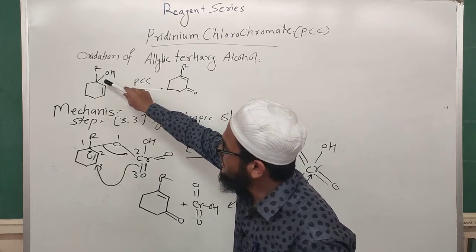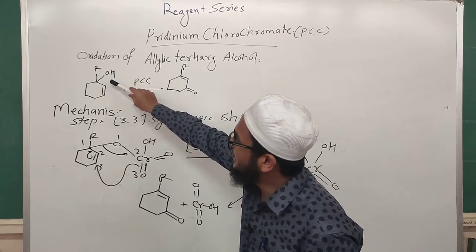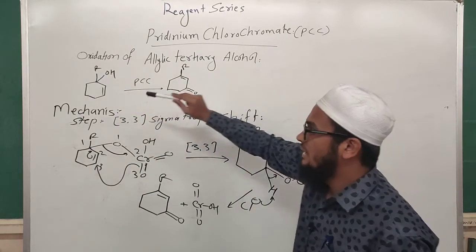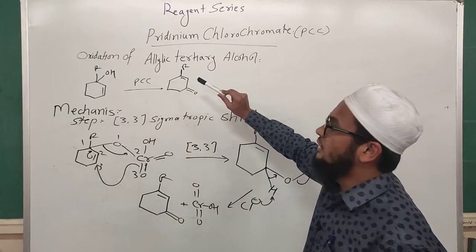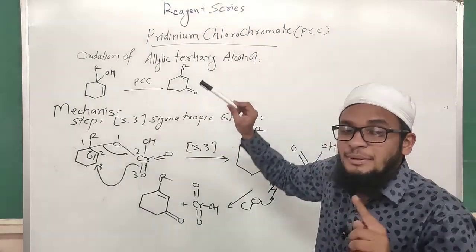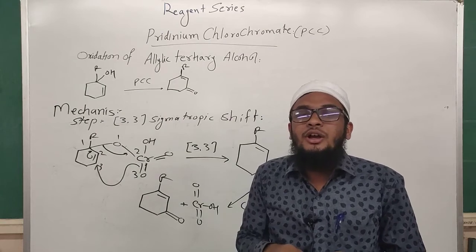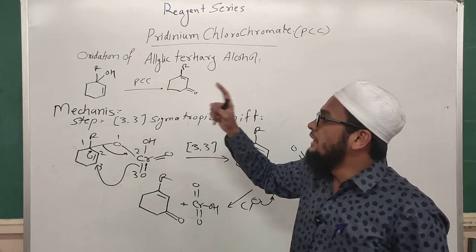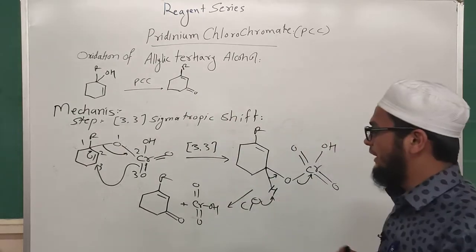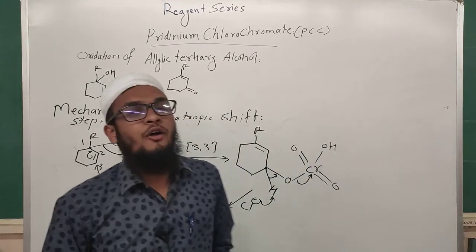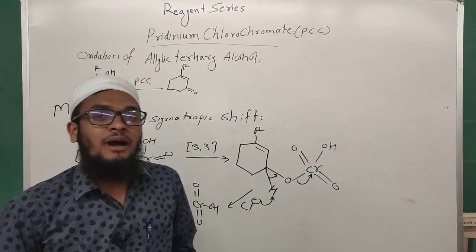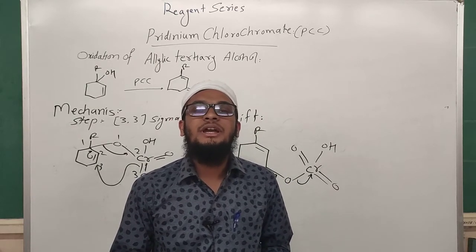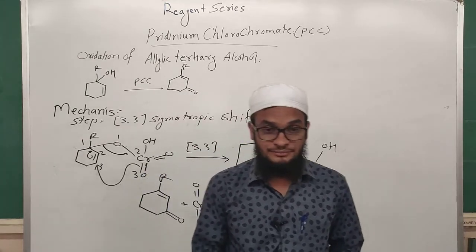Now it has changed its position, and it becomes a ketone, just shifting from the 1, 2, 3 position. The hydroxyl group gets shifted to the third carbon, and it becomes the ketonic or carbonyl group by the use of pyridinium chlorochromate. So this was the mechanism for oxidation of allylic tertiary alcohol by using pyridinium chlorochromate.